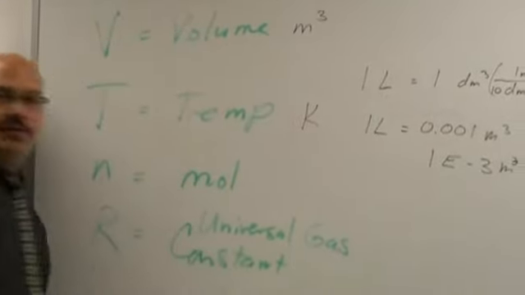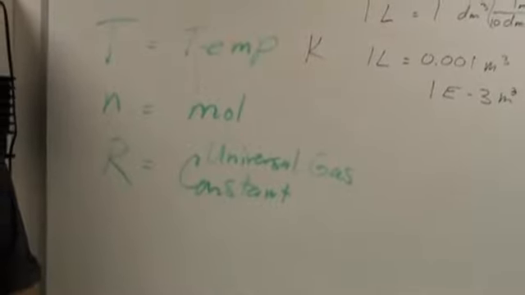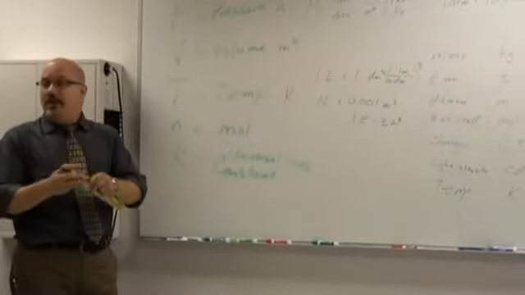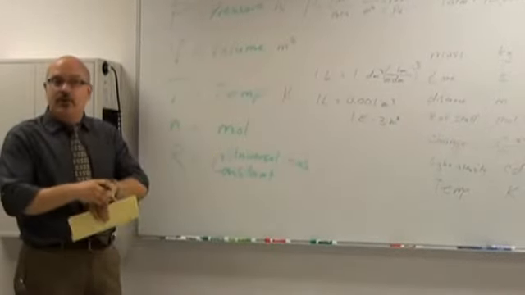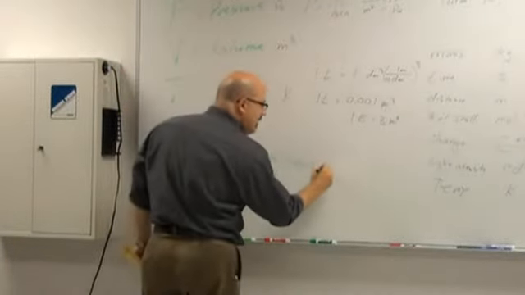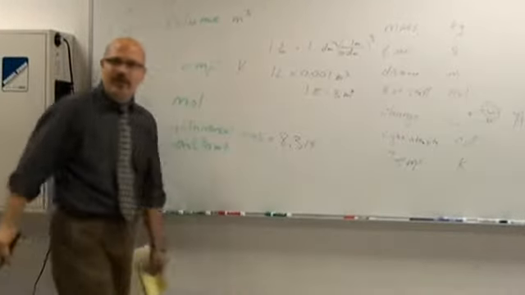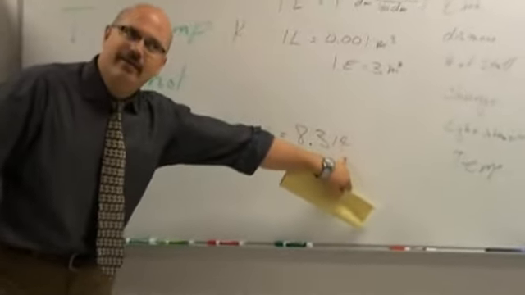And universal gas constant. Okay, in chemistry you had several universal gas constants depending on what units you used, right? Now since we use only one set of units, we'll only have one universal gas constant. It's on your equation sheet, it's on your constant sheet. It is numerically 8.pi. It's an easy way to remember it. 8.314 pi, right?